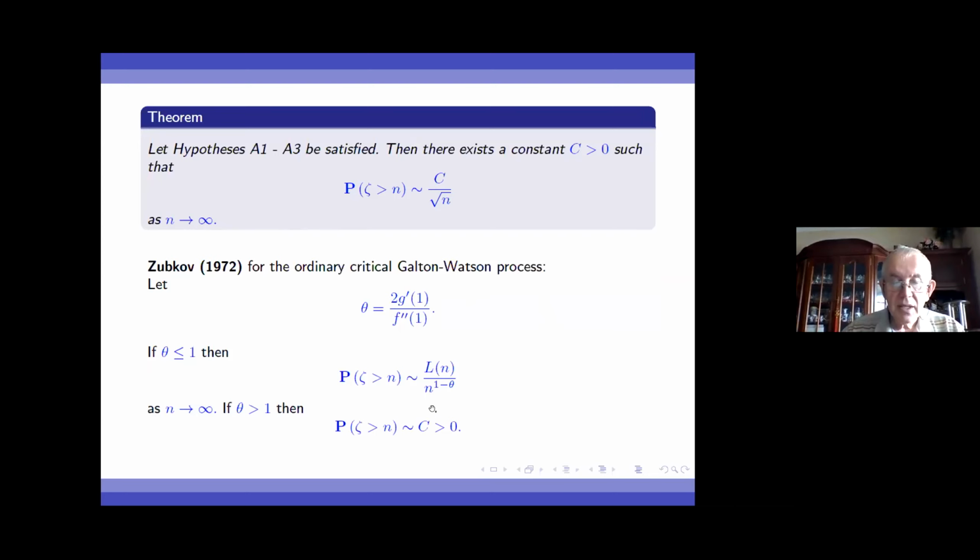And then it is proportional to some constant, so the probability that our life period will be equal to infinity, if this parameter theta is more than 1. In the case of a branching process in a random environment, because of fluctuations, this phenomenon will never happen.